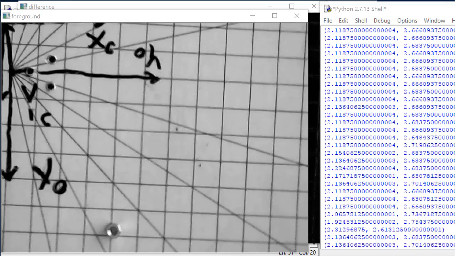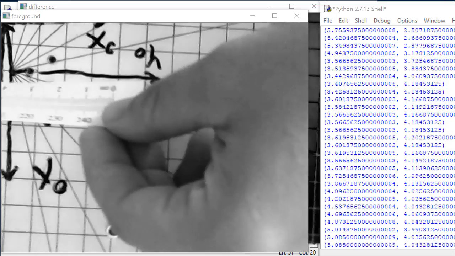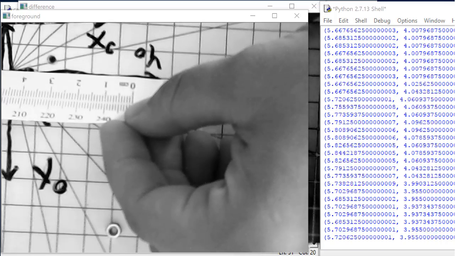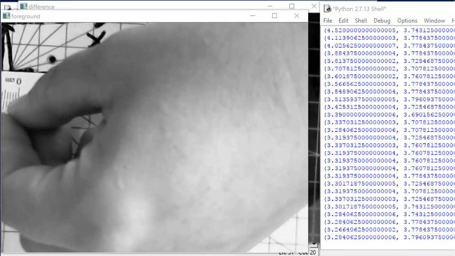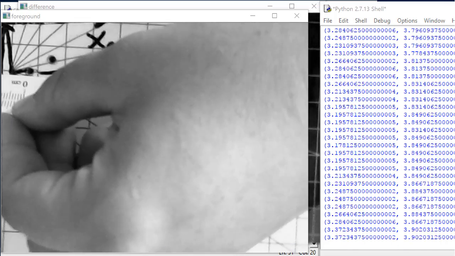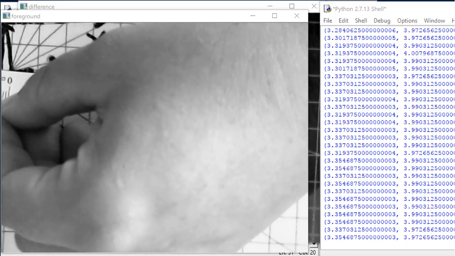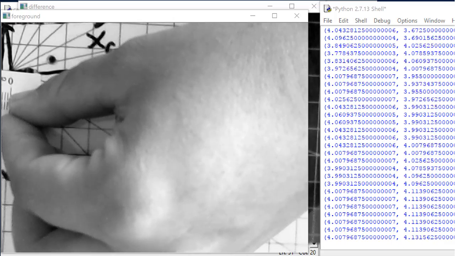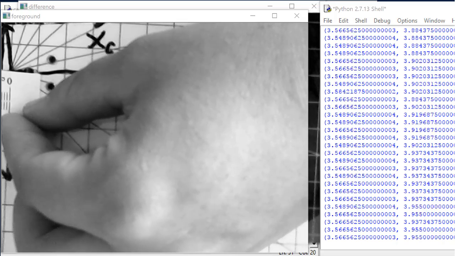Let's see what it is in y. Once again, I'll try to line up my ruler with the pre-printed line, since that is my base frame coordinate system. I'll slide it over so that the 0 lines up with the 0 point on my board. And this is the distance that I want to measure, from 0 to the edge of this screen.